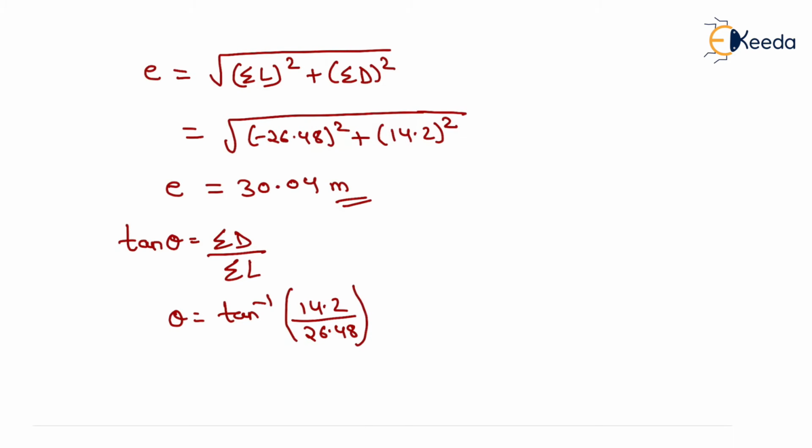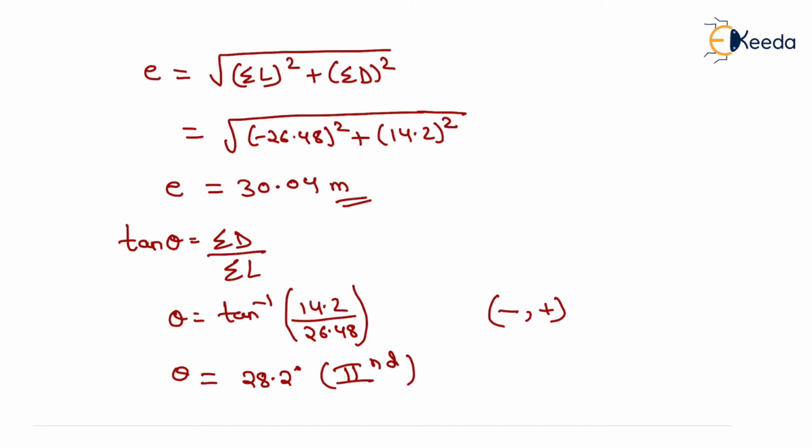I have not kept the sign here because I want only the angle, as the quadrant is already known from the sign of latitude and departure. So it will be equal to 28.2 degree, and because latitude is negative and departure is positive, it will lie in the second quadrant.